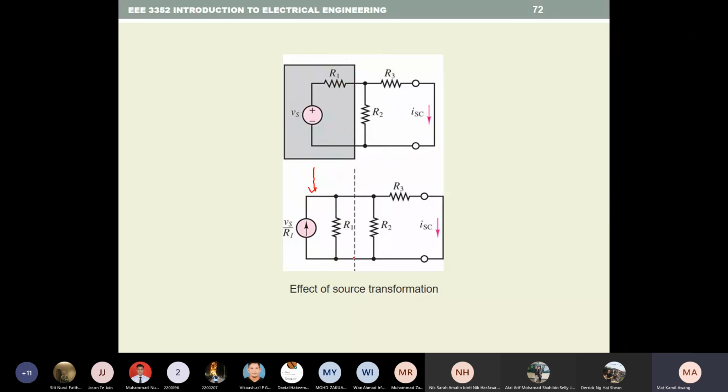When you see this, you see it can be simplified, R1 parallel R2. So you can use this source transformation in simplifying your circuits.